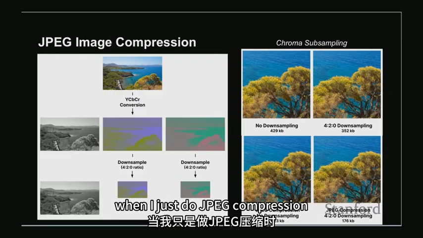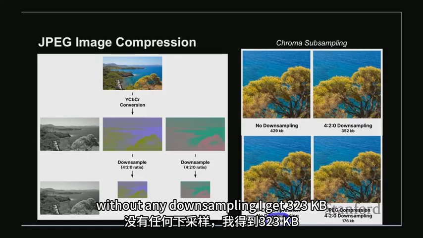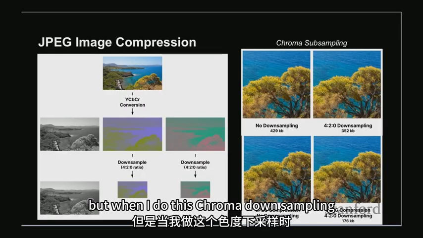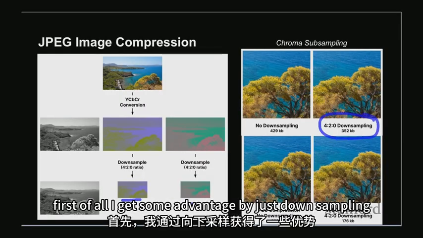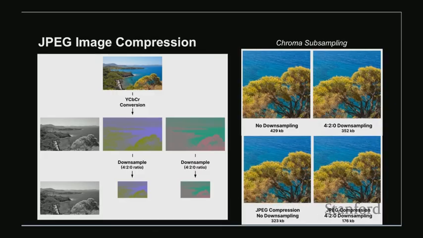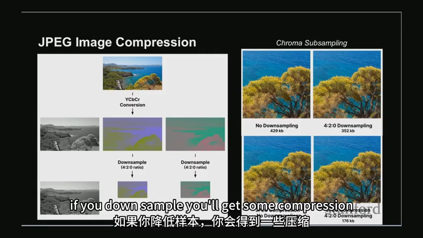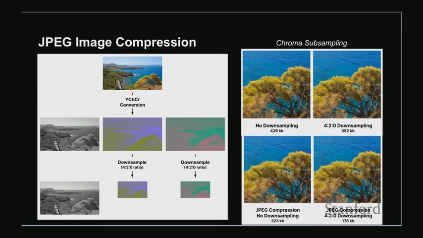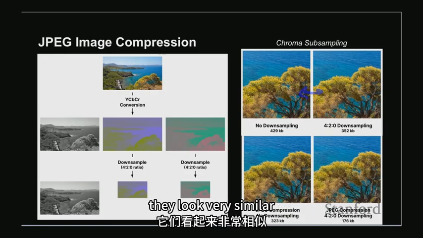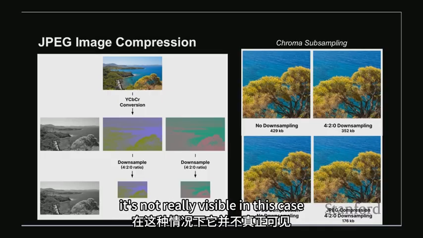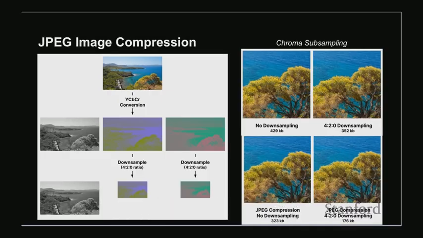When I just do JPEG compression without any downsampling, I get 323 KB. But when I do this chroma downsampling, first of all, I get some advantage by just downsampling. That's what we expect, that was the first idea we started with. If you downsample, you'll get some compression. And if you look at these two images, they look very similar. Even when you downsample the chroma part, it's not really visible in this case.